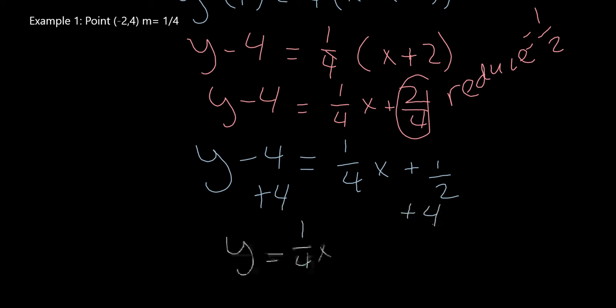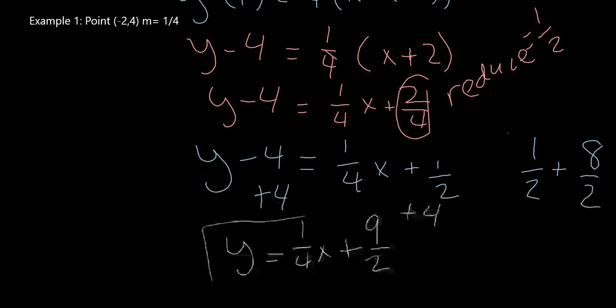Well, we want this to be left as a fraction, so we have 1/2, and then 4 is really 8/2. So 1 plus 8 is 9/2. So our final answer is y equals 1/4 x plus 9/2.